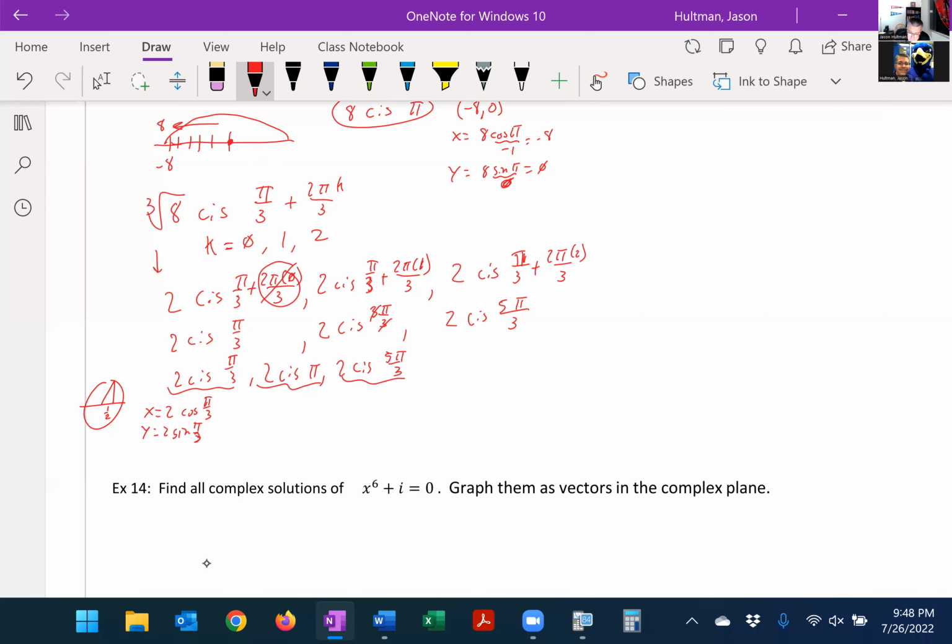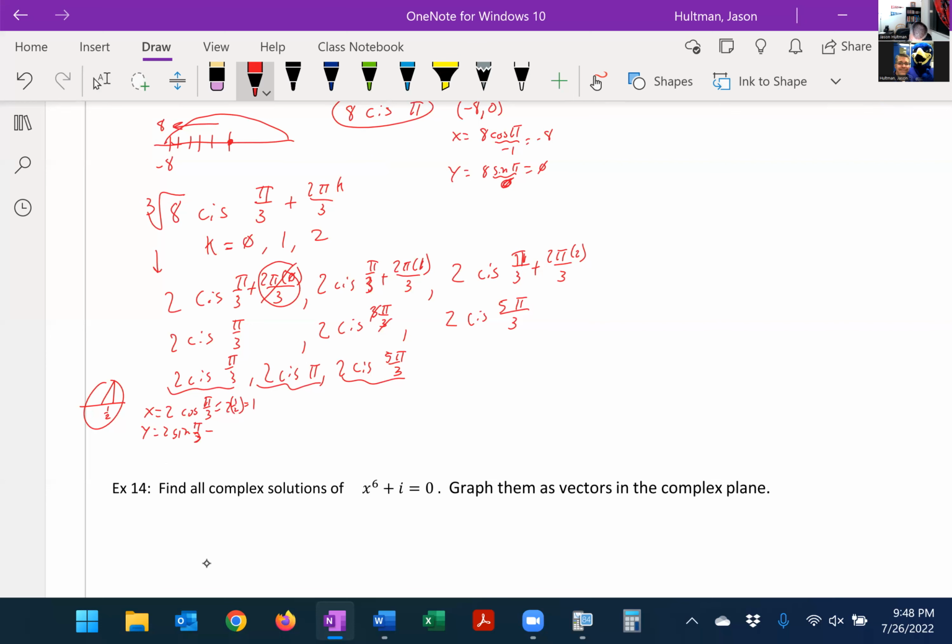So x is going to be equal to 2 times 1/2, which is 1.